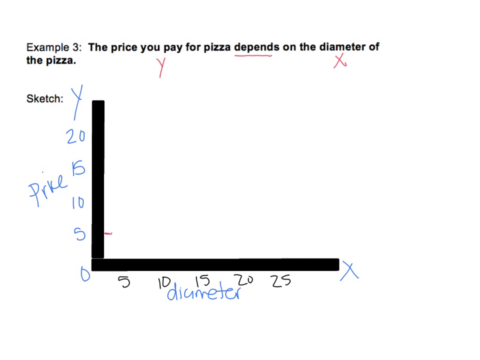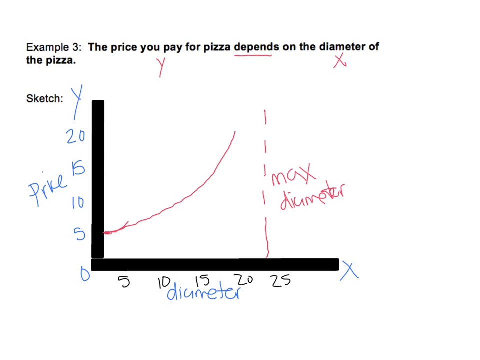And hopefully we would notice that if I were to go to 6-inch diameter, it probably would raise the price. So what I should see is a graph that would look like this. Now, obviously, I'm not sure if you guys realize this, but most pizza places have a max diameter.